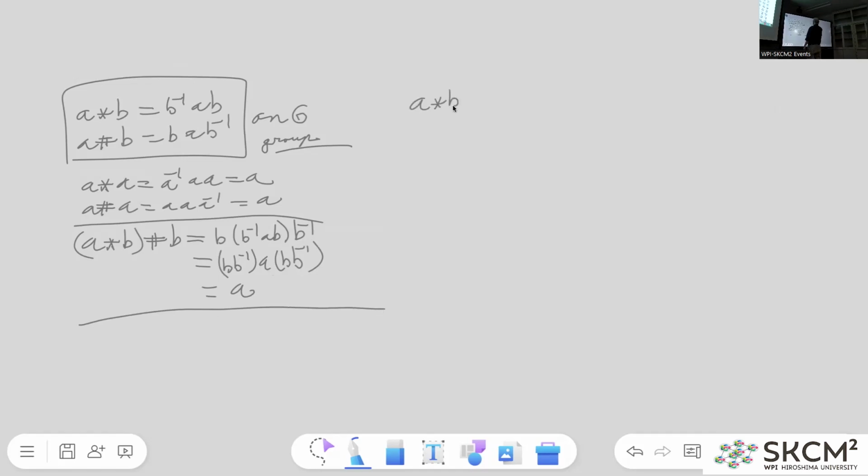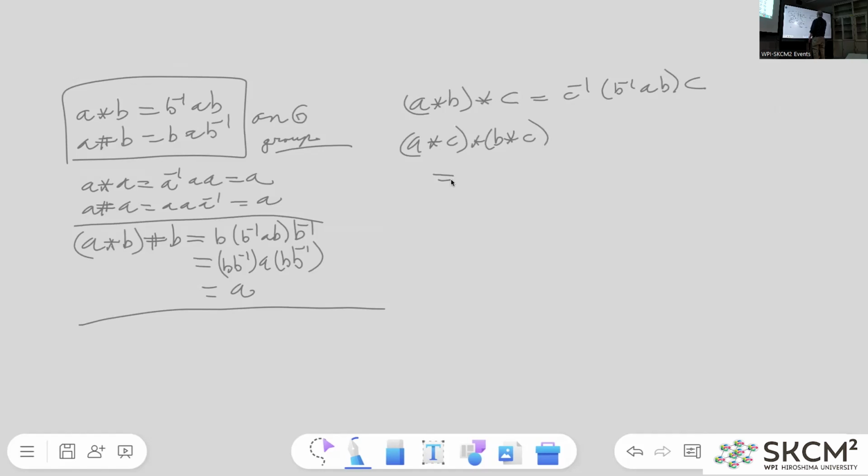A star B star C is equal to C inverse B inverse A B C. And A star C star B star C is equal to, now let's see, it's equal to B star C inverse A star C B star C. And then I have to put those in.